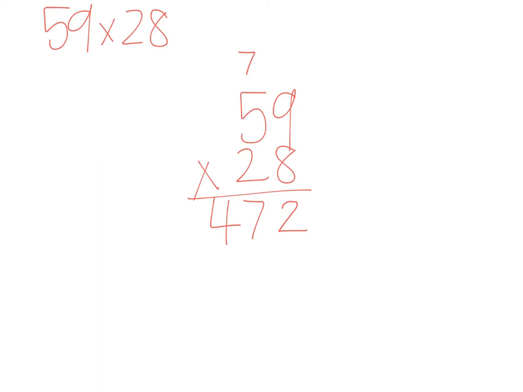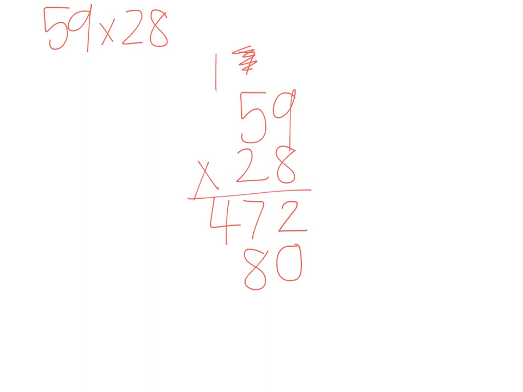So since it's in the 10 spot, I'm going to add my imaginary 0. Then I'm going to do 2 times 9. What's 2 times 9? 18. So I put my 8 and carry my 1. I don't need that 7 anymore.